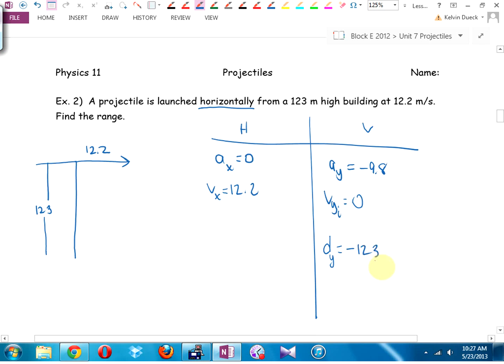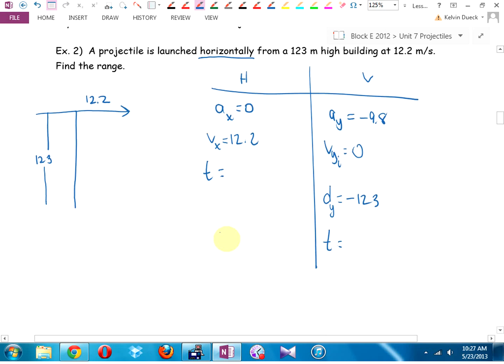By the way, I now notice I have one column with 3 pieces of information. That is telling me that to find time, it's going to be vertical. And conveniently, the time is going to be the same over there. So to find time vertically, I'm looking for an equation that has AY, V, t. I think, again, it's going to be vertical displacement equals initial vertical velocity times t plus a half a vertical t squared.